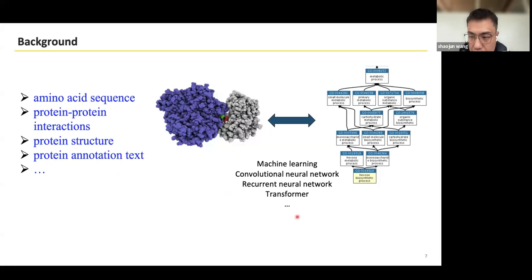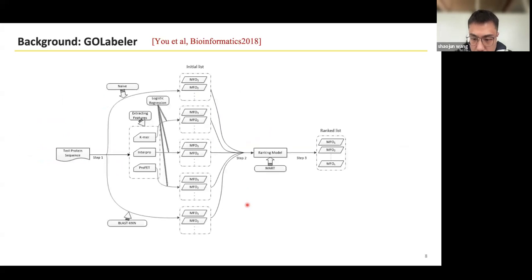Later, machine learning methods can help make prediction, like logistic regression, convolutional neural network, recurrent neural network, and transformer. And next, I will introduce some of our group's work, and I believe it will help you better understand our work.